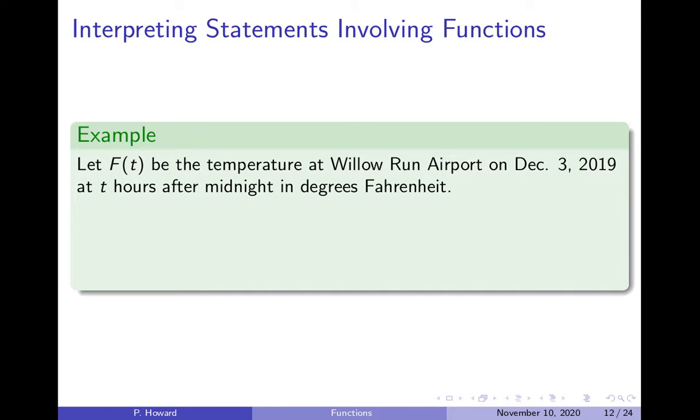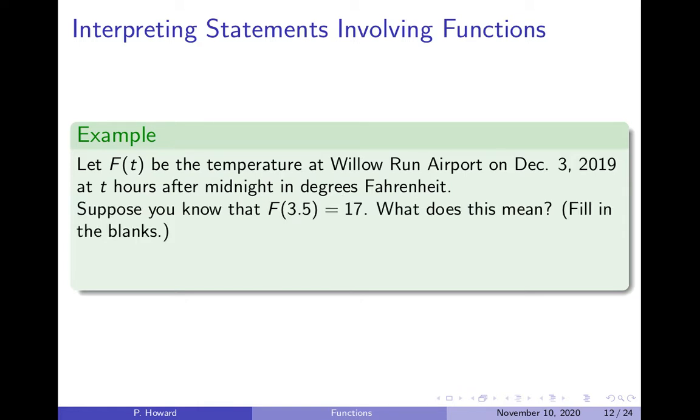And now let's look at one other fairly easy thing that we might have to do with functions. Suppose we have a function described by an English phrase. This is the example we saw earlier. f of t is the temperature at Willow Run Airport on December 3rd, 2019, t hours after midnight, given in degrees Fahrenheit. And suppose we know that f of 3.5 is 17. So what does this mean?